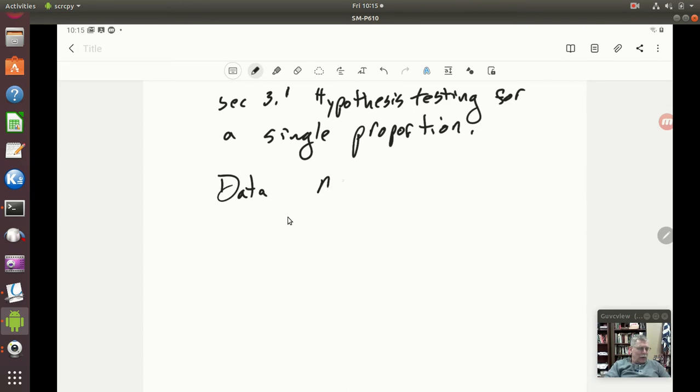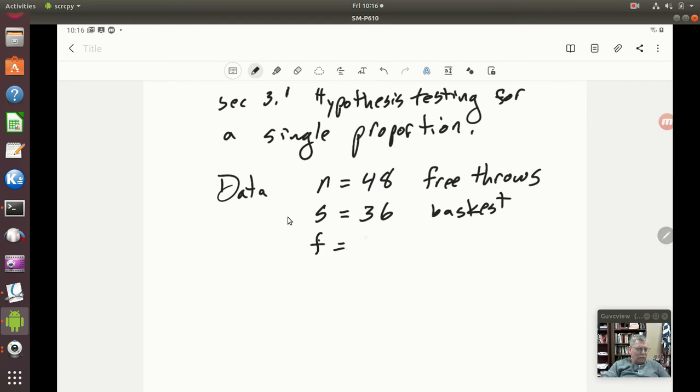We had n equal 48 free throws, and S was 36 baskets, or successes, and F was 12 misses.